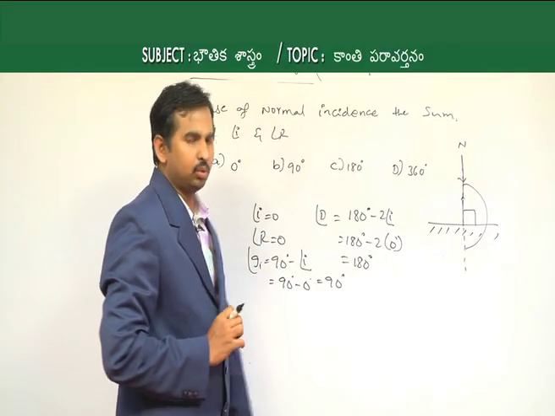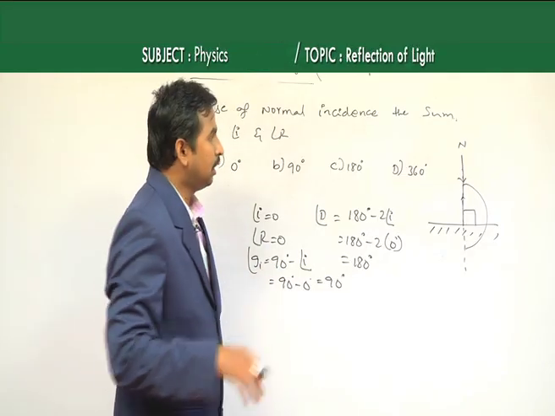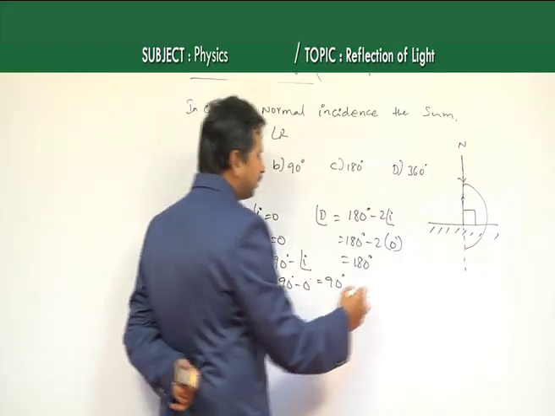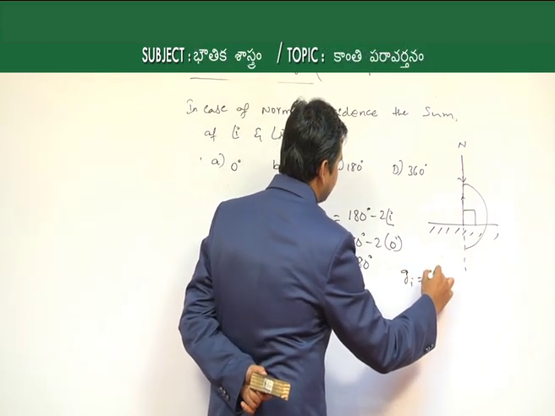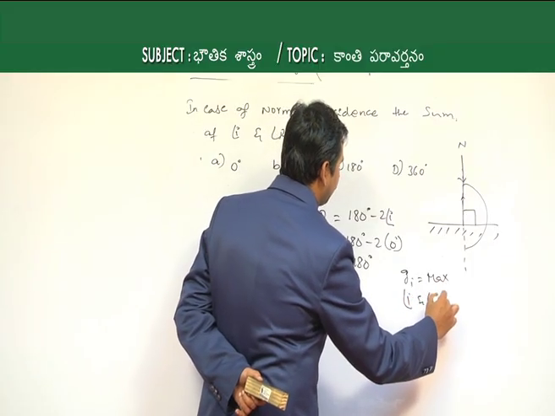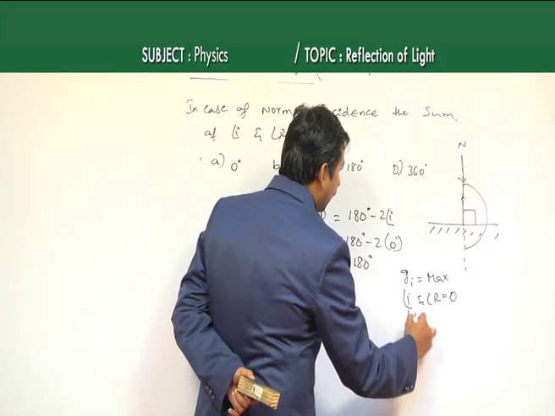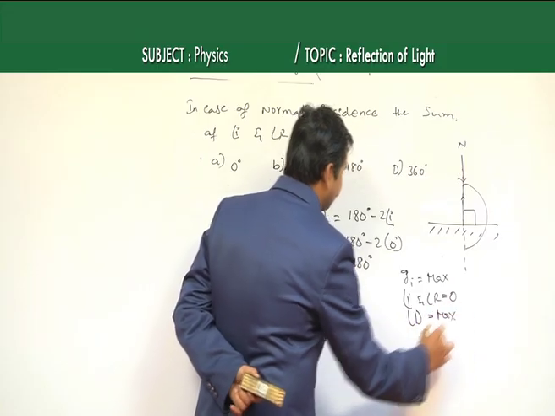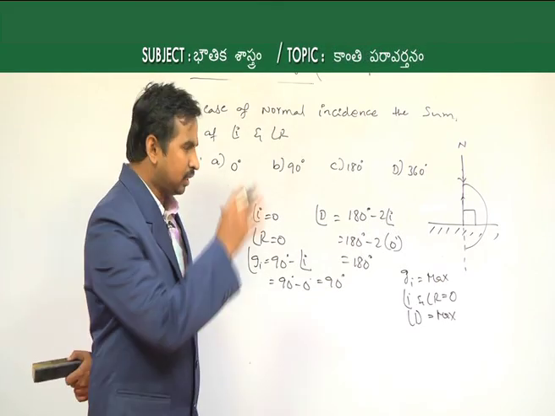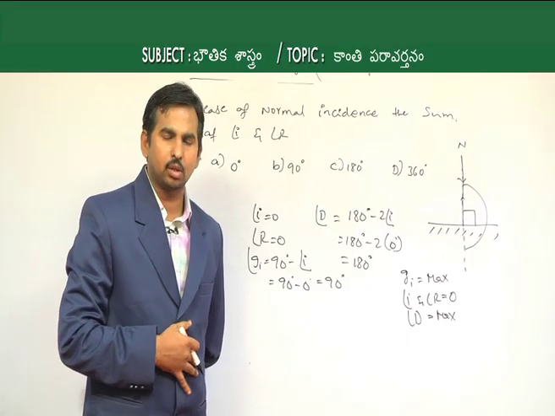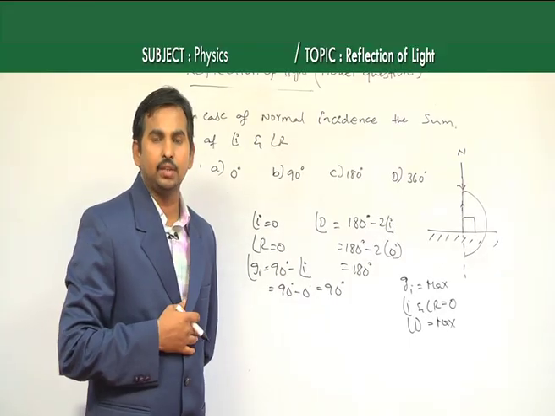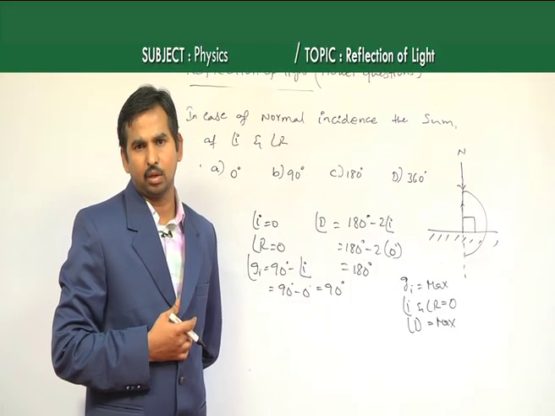So, whenever the light ray strikes the mirror normally, that is normal incidence, the glancing angle is maximum, and the angle of incidence and angle of reflection become 0, and the angle of deviation is also maximum, which is equal to 180 degrees. Like this, in normal incidence, the glancing angle is maximum, the incident angle and reflected angle become 0, whereas the angle of deviation again becomes maximum.